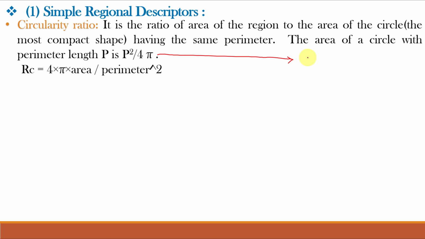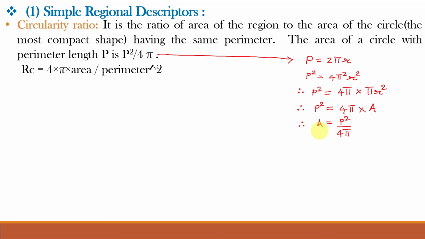The perimeter of a circle p is equal to 2 pi r. If we square on both the sides, I can write this equation as 4 pi into pi r square. Why am I taking out pi r square? Because we know that pi r square is the area of the circle. Therefore the area A is equal to perimeter square upon 4 pi, and that is what is written here. The area of a circle with perimeter length p is p square upon 4 pi.